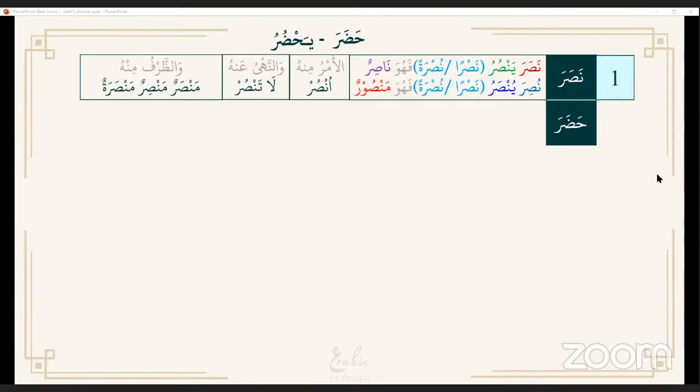Hadara yahduru hadiran. Why hadiran? Masdar. Just now we found the masdar from the dictionary.